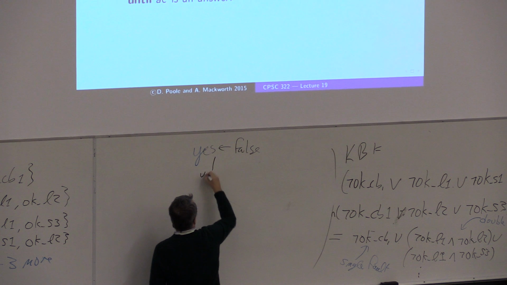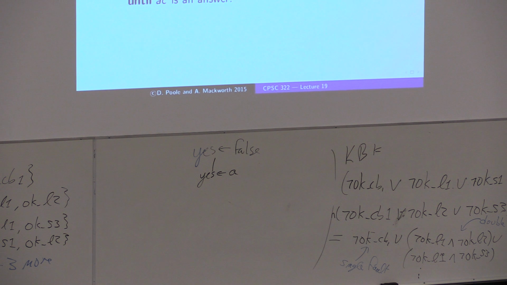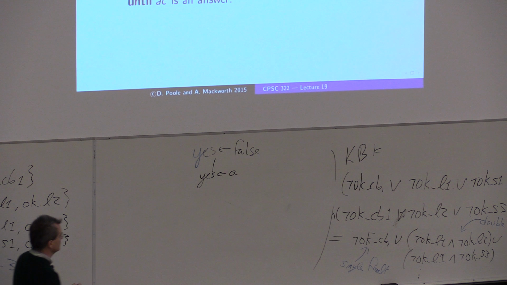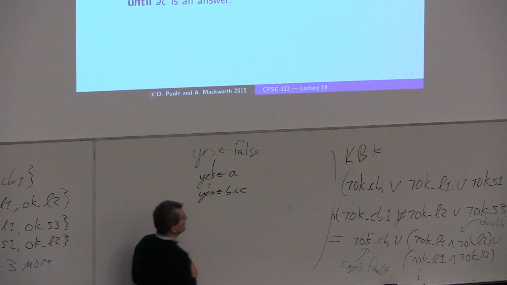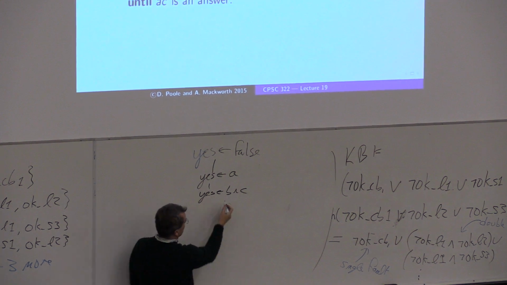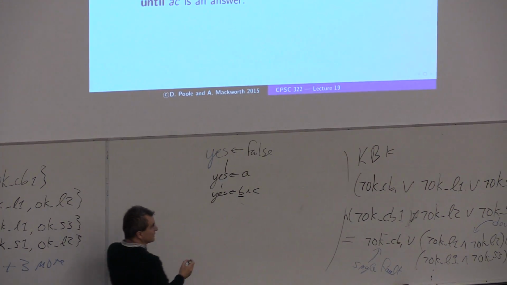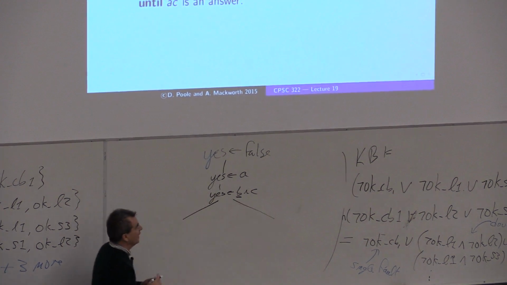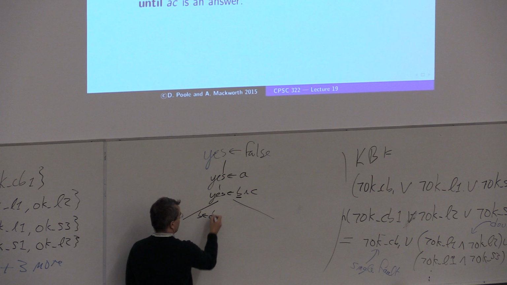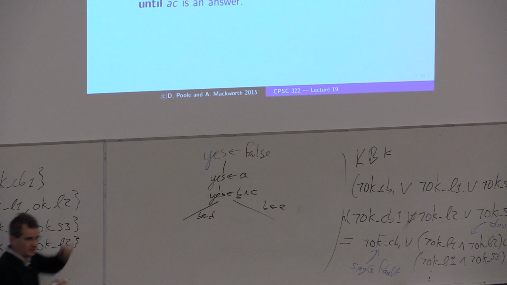So we're going to say yes if A. And we're going to have A is true if B and C. Yes, if B and C. Now is B assumable? I can't read it. No, okay. Good. So I'm going to have two choices for B. I'm going to have the B if D clause, and I'm going to have the B if E clause. I didn't write the other ones in because there was only one choice.